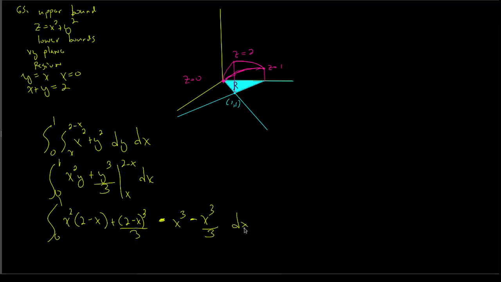I could happily plow along and keep integrating these, but let's try to simplify some of this algebraically. So (2 minus x) cubed over 3. I'll do the (2 minus x) cubed. So that's going to be 2 cubed minus 2 squared x.